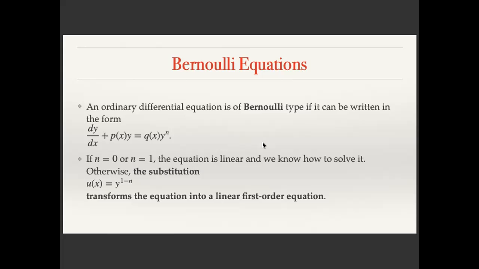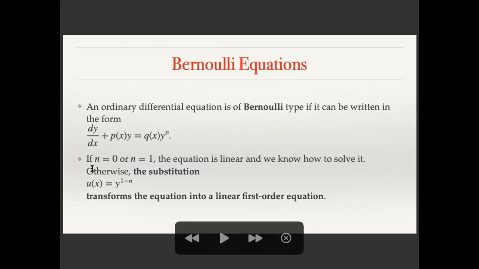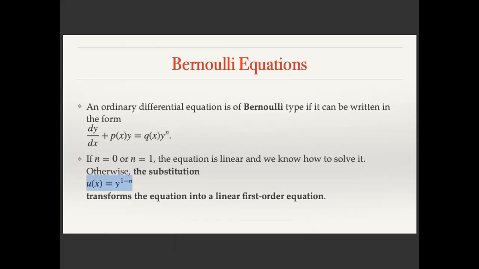And if n is not 0 or 1, then exactly as I said a couple of moments ago, the solution requires one extra step, namely we should make the substitution. And again, this is not an algebraic transformation. This is an analytic transformation.